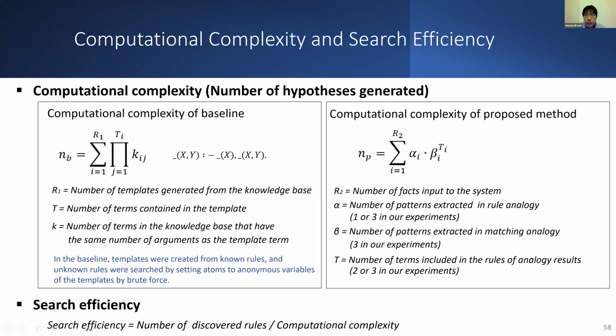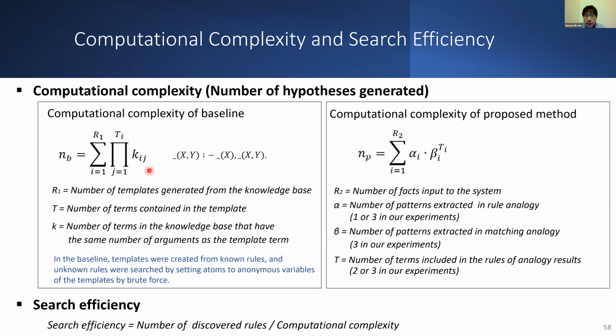Finally, we compared our proposed method with the baseline for computational complexity and search efficiency. We have defined the number of hypotheses generated as computational complexity. This is a formula for calculating computational complexity of the baseline.